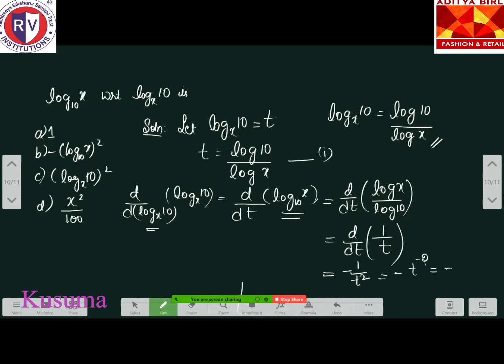Therefore, it is minus of log 10 to base x to the power -2, which is nothing but minus of log x to base 10 to the power 2.